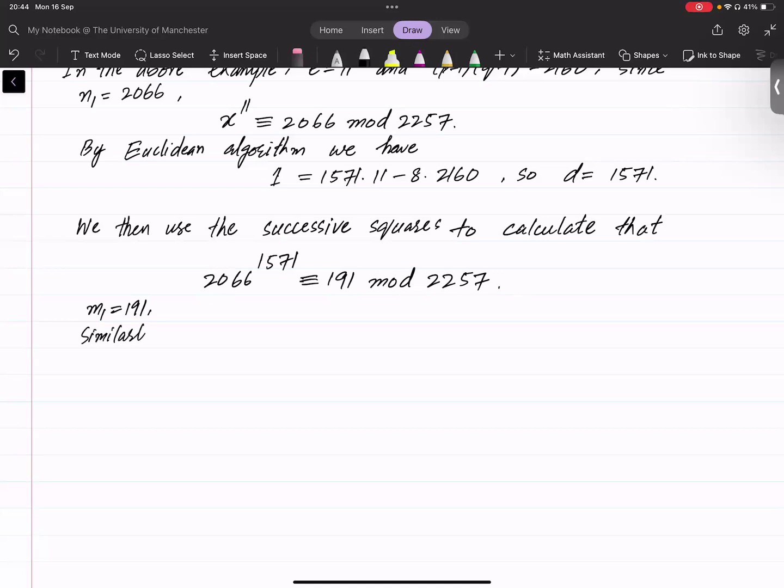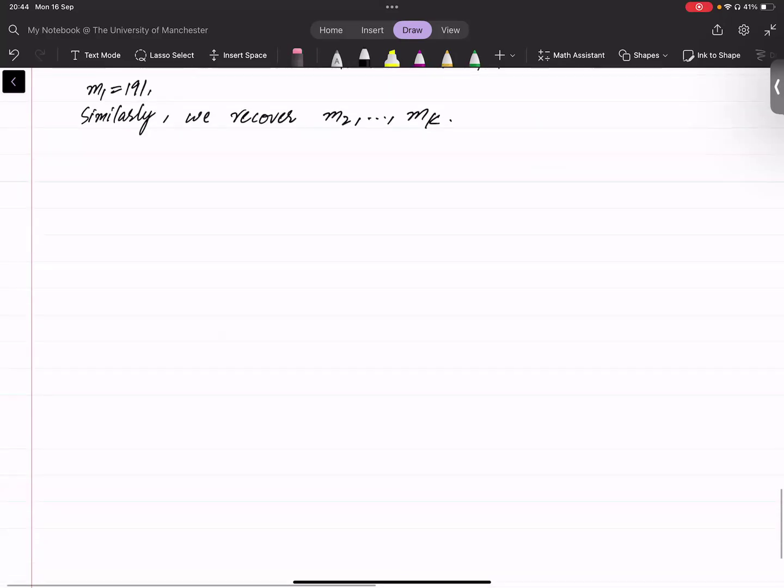Similarly, we recover M2 up to Mk. So to summarize, to encode a message, we raise each of its listed numbers to the power of E for encode, and work out the answer modulo n. And to decode a received message, we raise each of its listed numbers to the power of D for decode, and work out this modulo n.